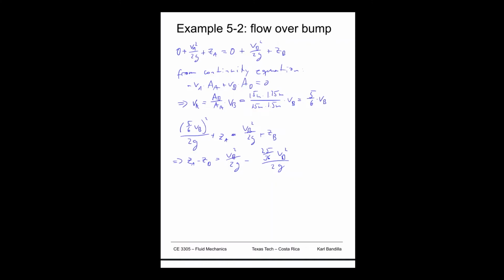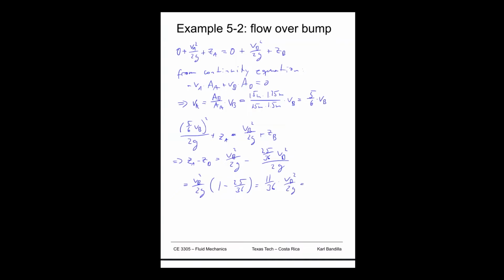That means we can pull out the VB squared over 2G, so we'd have that equal to VB squared over 2G times 1 minus 25 over 36. That's what's left from that. And then that would be 36 over 36 minus 25, which is 11 over 36. So we have 11 over 36 times VB squared over 2G.